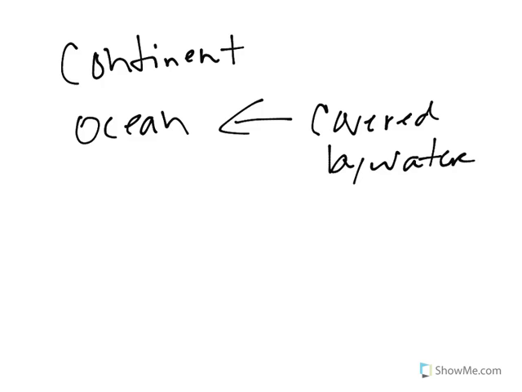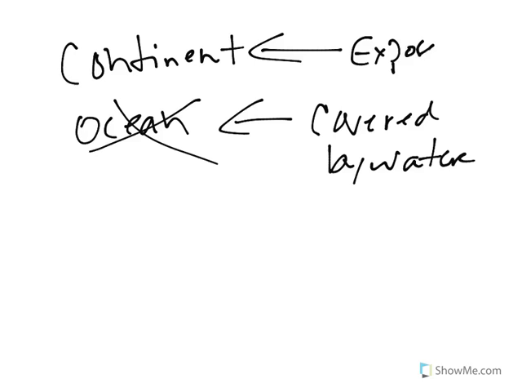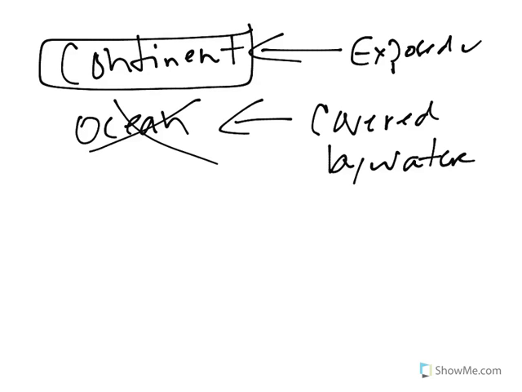Those rocks aren't going to erode very much, so there's really no erosion going on there. However, if we're on the continent, most of our rocks are going to be exposed, so these are the ones that are going to erode. We really need to take a look and see what our continent is made of.